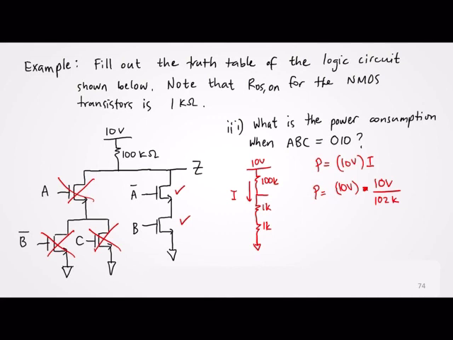Okay, so it's essentially V squared over R. So 100 divided by 102,000 would give us P equal to 980 microwatts.